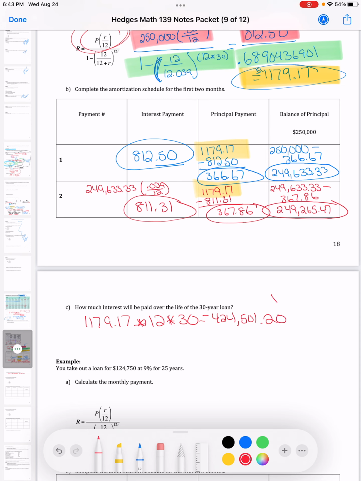That's the total amount repaid. The bank originally gave me $250,000. Anything over that is the interest. So the bank made a profit of $174,501.20.